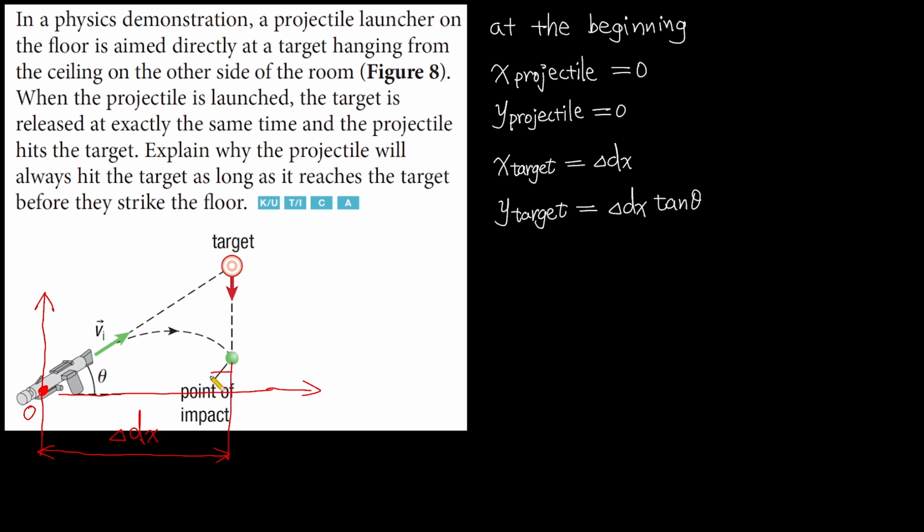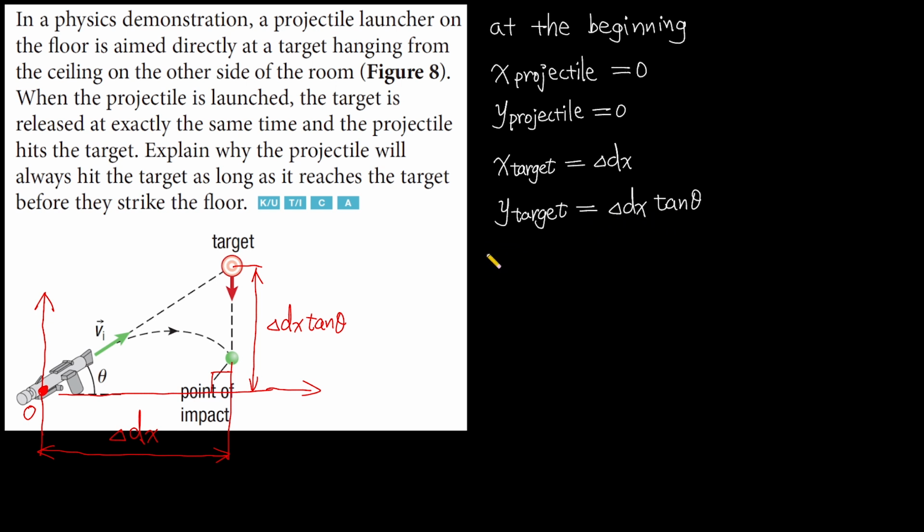Here, this is a right angle. From trigonometry, we know this distance is delta dx multiplied by tangent theta. So the y-coordinate of the target is delta dx multiplied by tangent theta.